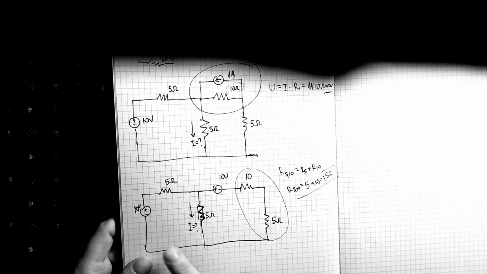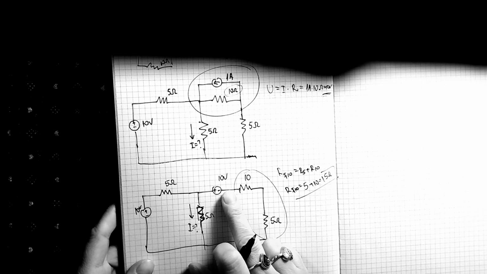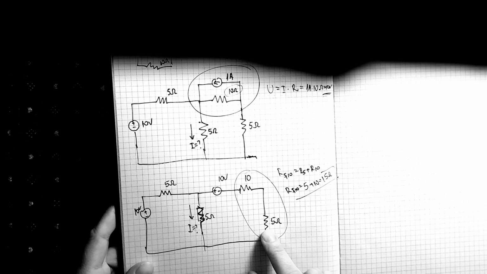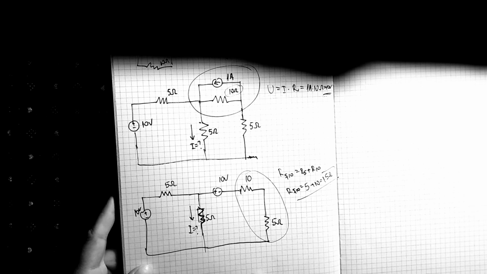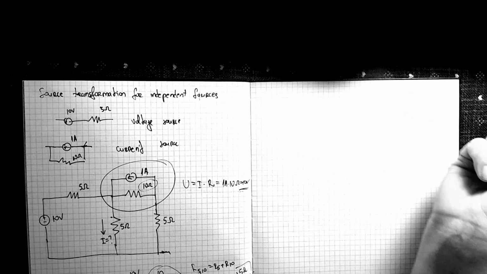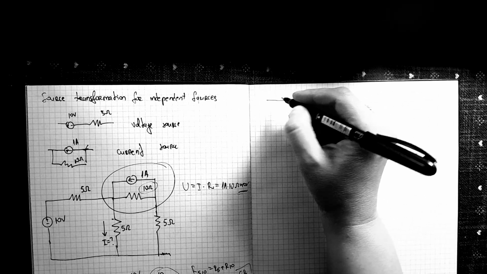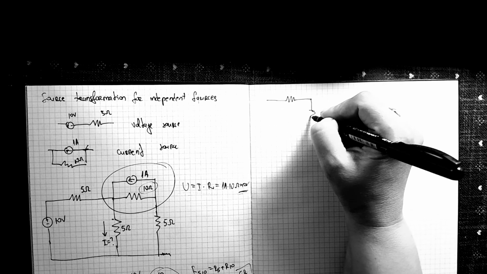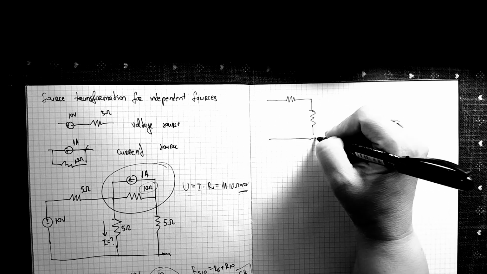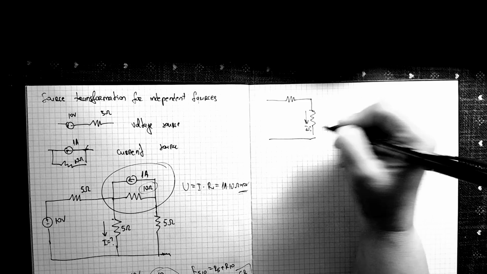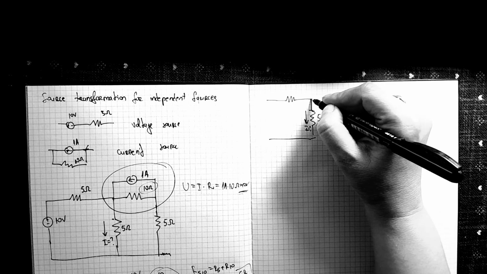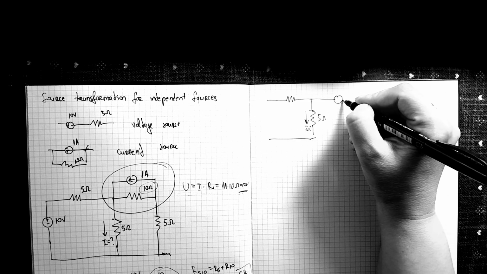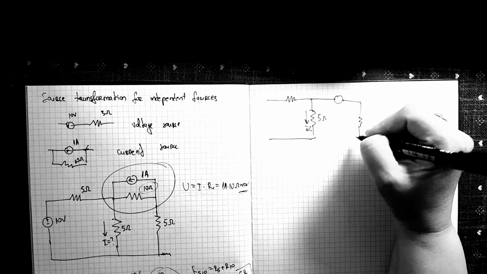So we will have two voltage sources and two resistors. Okay, so the circuit will look like this. Don't forget this one, that we are still looking for the current in this one. And now it will be 1.